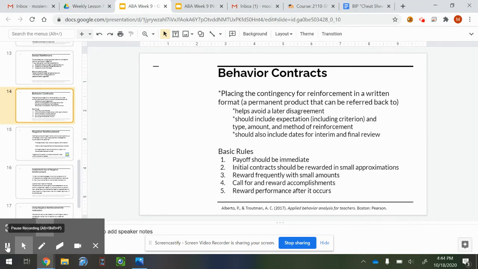Behavior contracts can be an effective way to help change student behavior. In a behavior contract, what we are doing is we're placing the contingency for reinforcement just in a written format. So it's a permanent product that we can always refer back to. It takes away any of the guesswork. Anyone should be able to pick up the behavior contract and know what is expected of the student, what is expected of the teacher, and then what reinforcement system will follow.